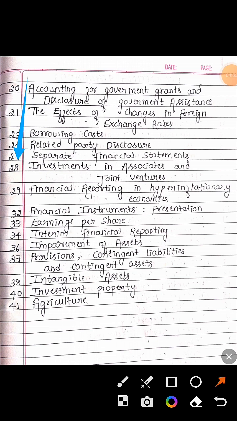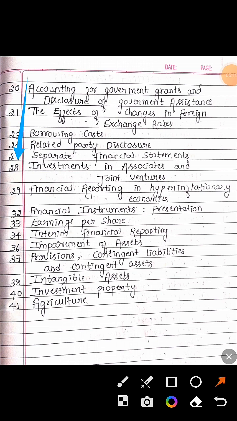What is an associate? One over which you have significant influence. So Ind AS 28 is investments in associates and joint ventures. Please revise it.